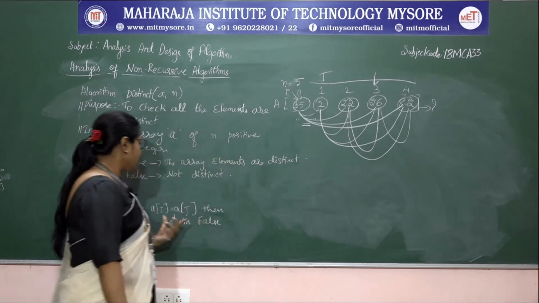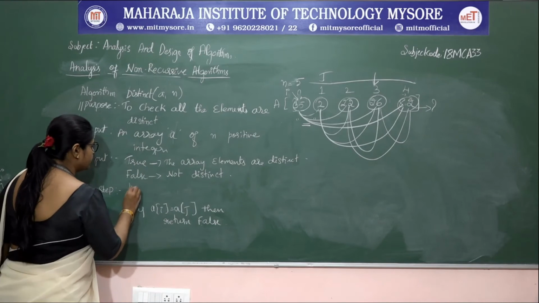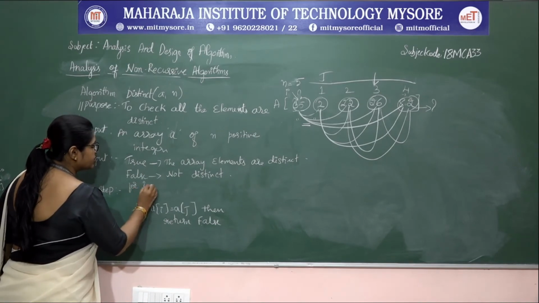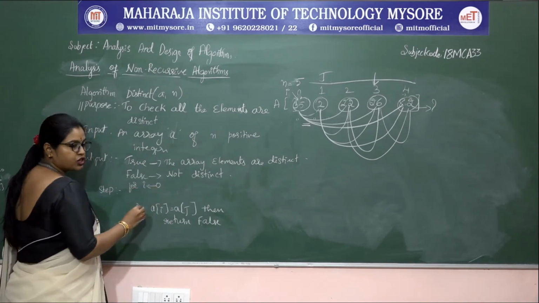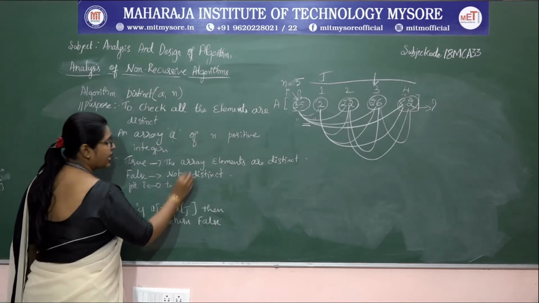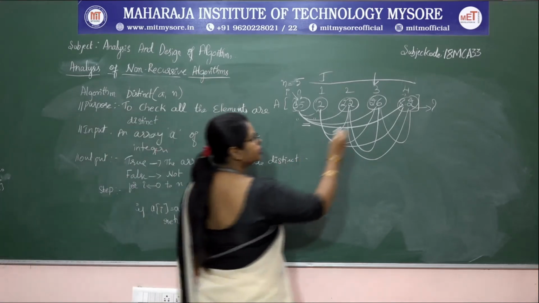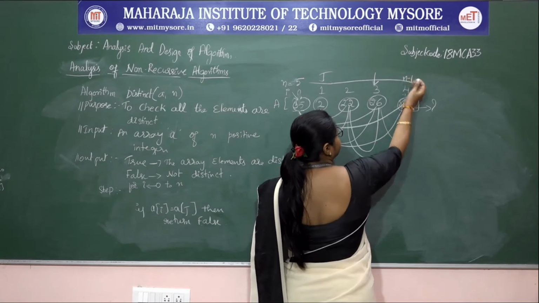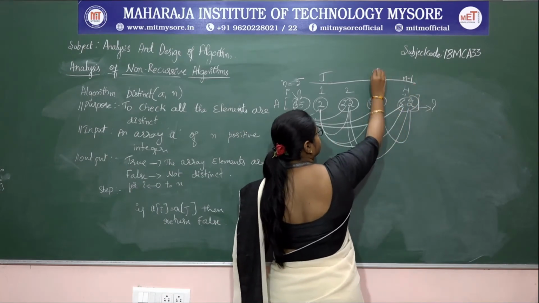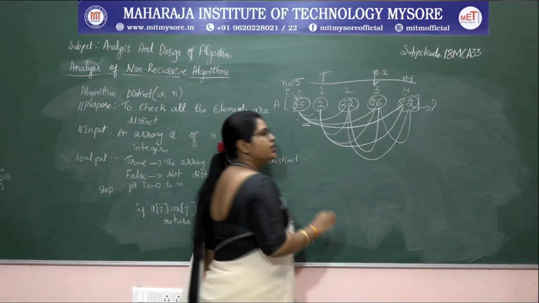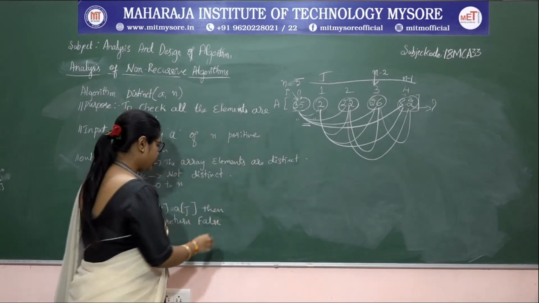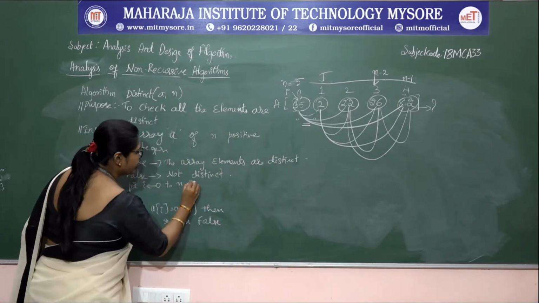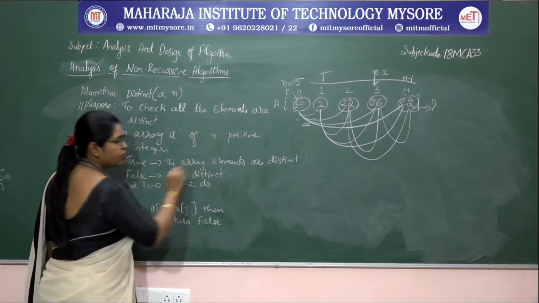Because of that, the comparison should start from the 0th position and go up to last but one. This position is n minus 1, so what about the previous one? This will be the n minus 2 position.